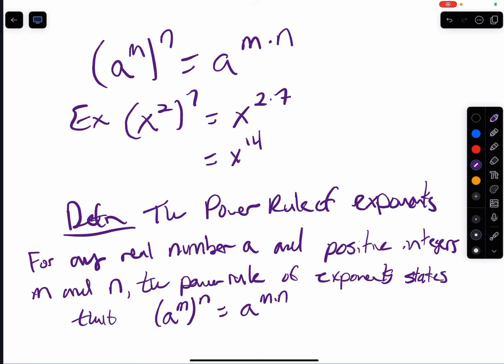And so that is the rule that will always be true, and that's our definition. Try and commit that definition to memory if you can. Let's move on and do another example.